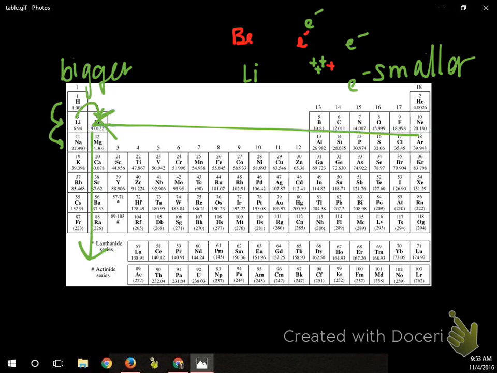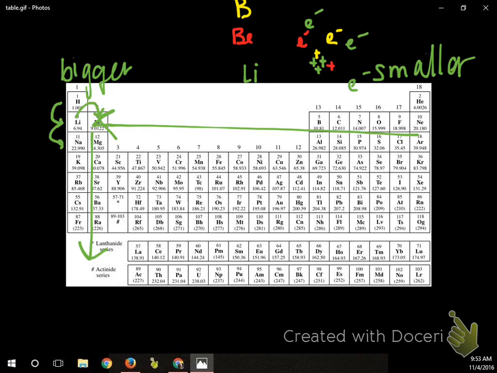So next, as I move to boron, I'm going to put boron in yellow. As I move to boron, I add another proton, which then pulls our electrons a little bit closer still. That's why you see the atomic radius get smaller as you move to the right.